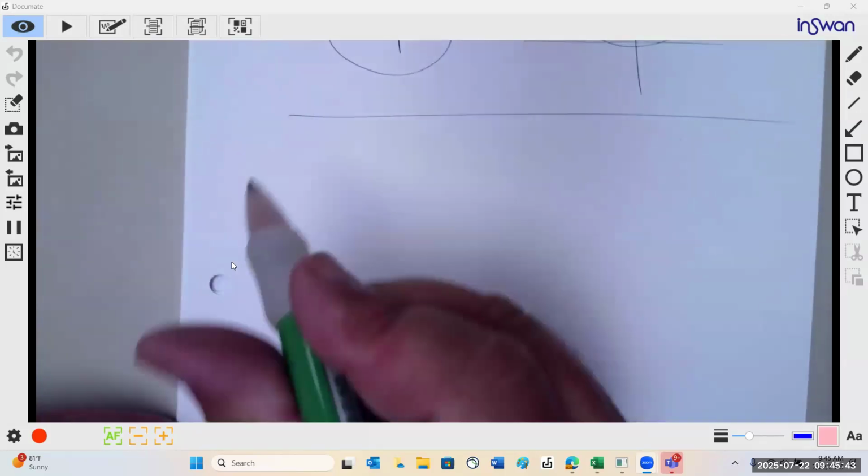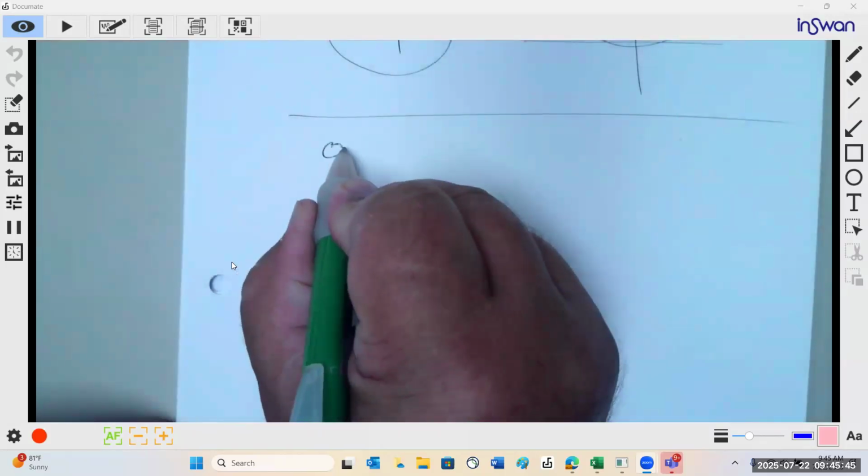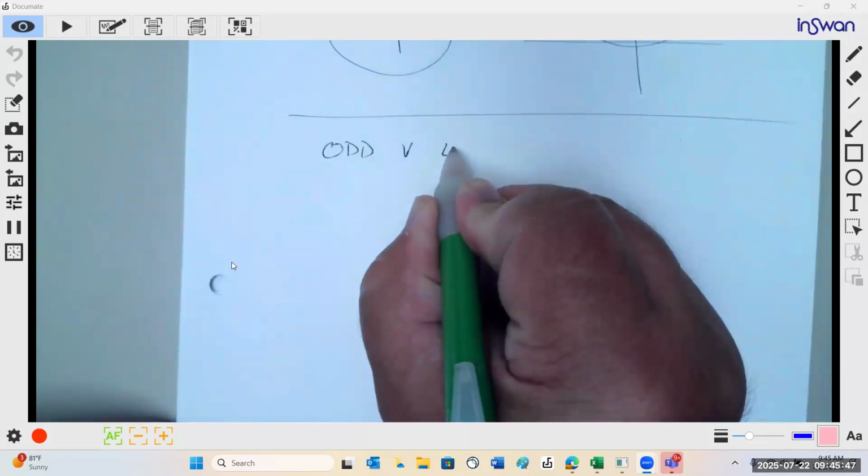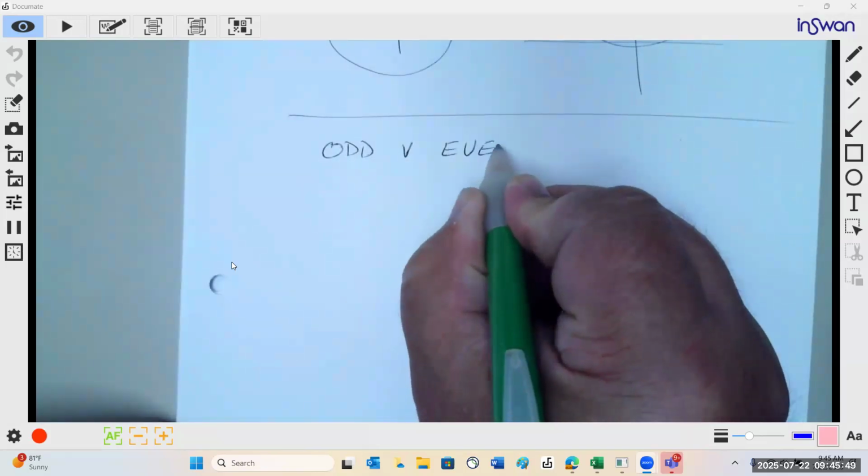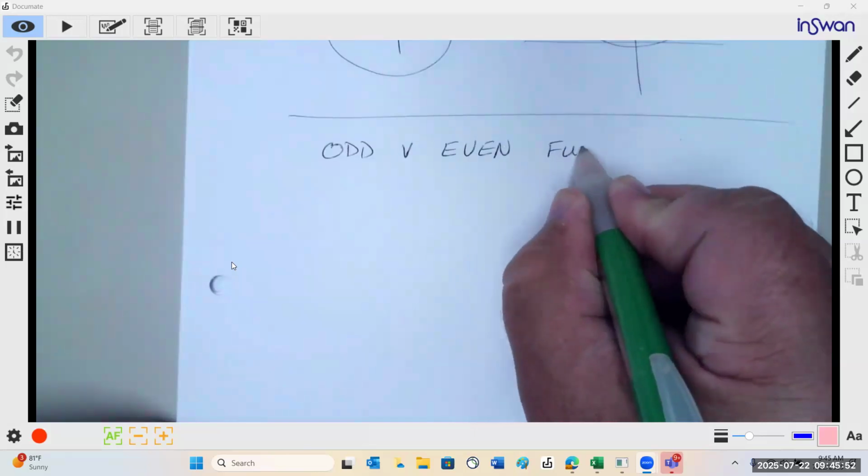The last topic in this section is odd versus even functions.